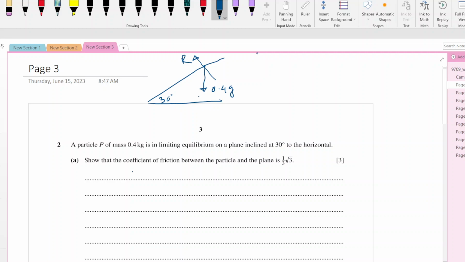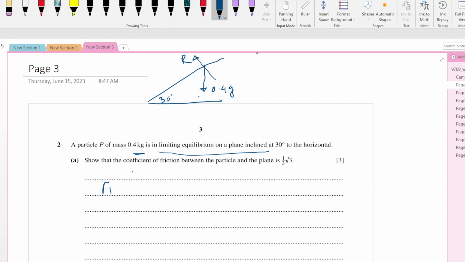Now I resolve up the plane. Since it is in limiting equilibrium on the plane, this mass has a tendency to fall, but the frictional force prevents it.